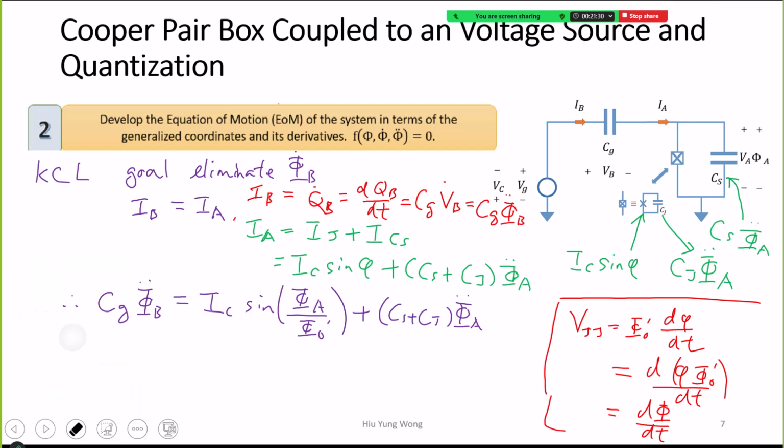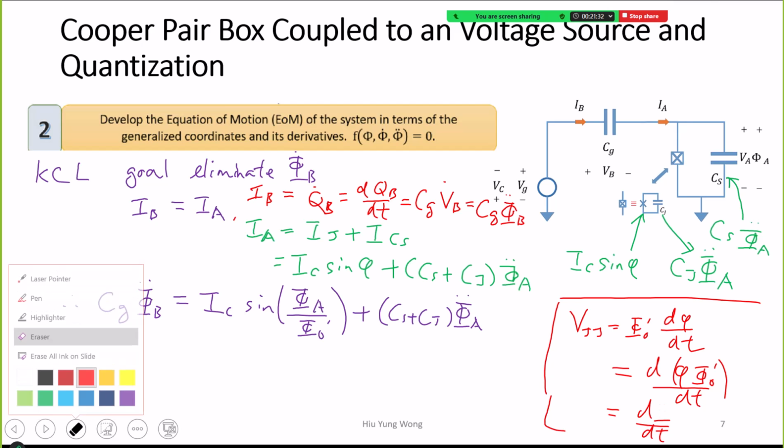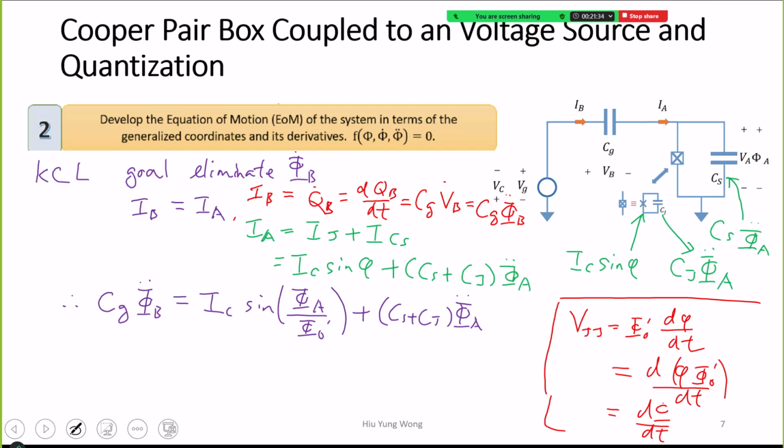Indeed, in a classical or geometric inductor, this is exactly the relationship between the flux and the voltage. It turns out that in the Josephson junction formalism, we can treat the phase times the reduced flux quantum as a flux. And this is the generalized coordinate for this Josephson junction.